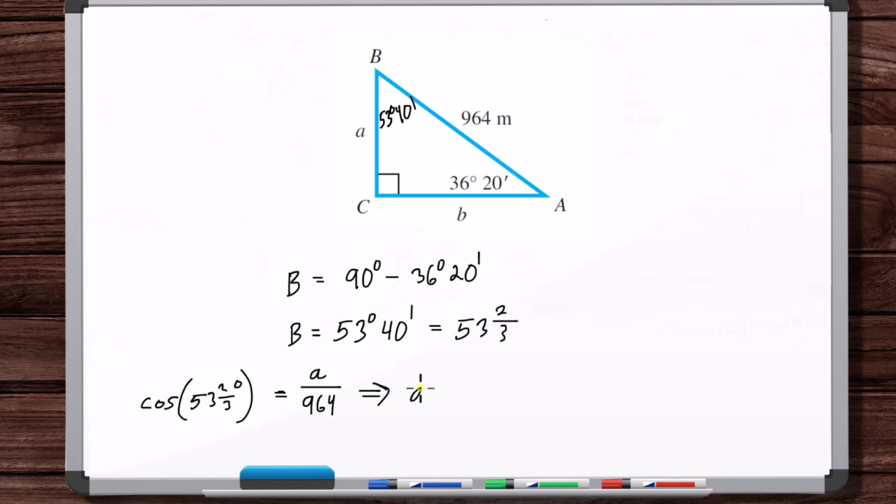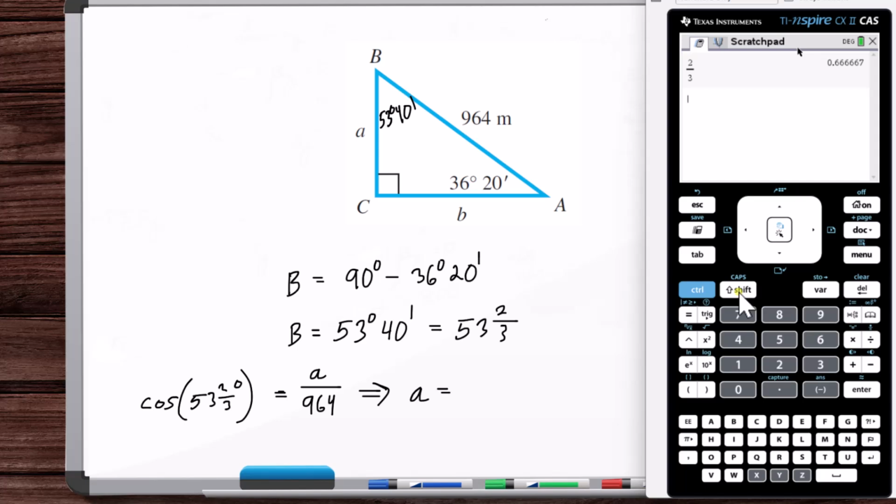So for 53 and 2/3, 53 times 3 plus 2 is 161, divided by 3. We're in degree mode, so we're going to do cosine of 161 divided by 3.